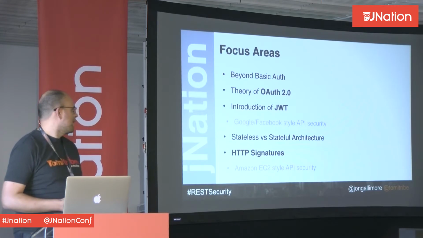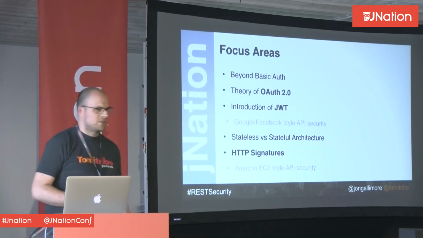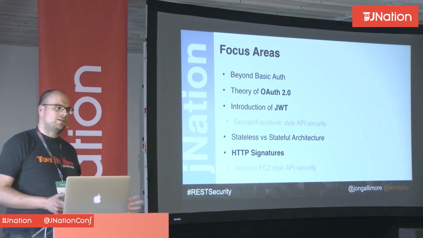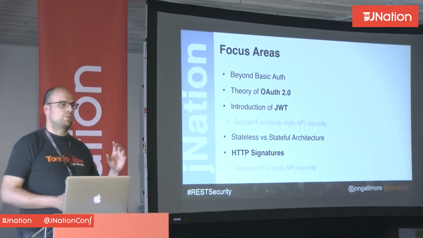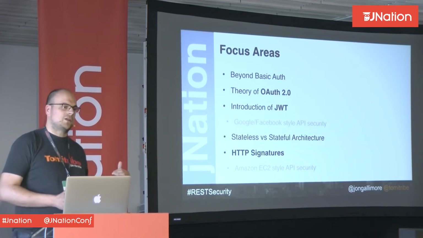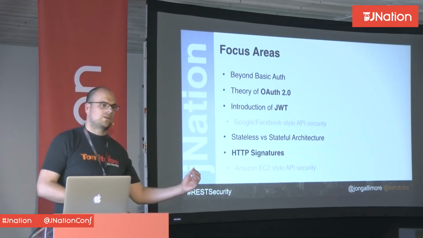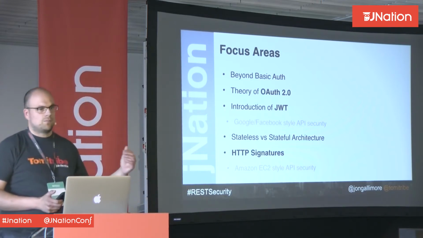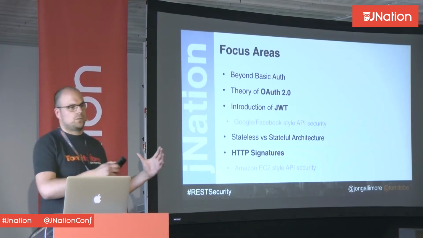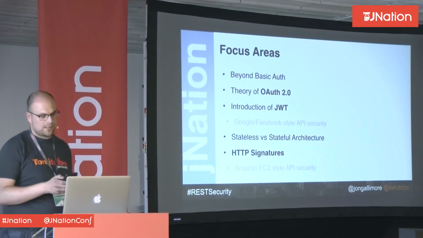I'm also going to talk about a little specification called HTTP signatures. But what I'll try and do throughout all of that, I'll try and keep it real simple, but also show how that relates to our architecture and how small changes that we make within our security layer can have some big impacts within the architecture of our application.